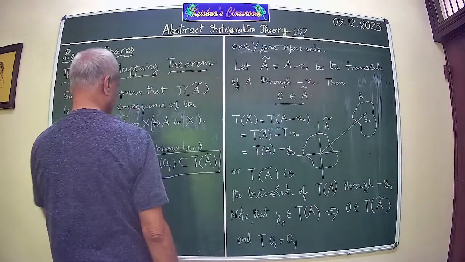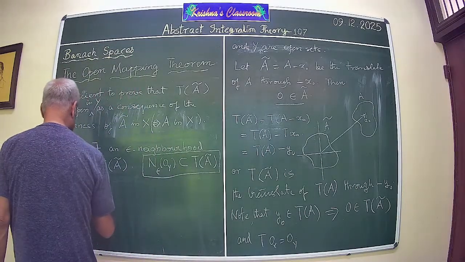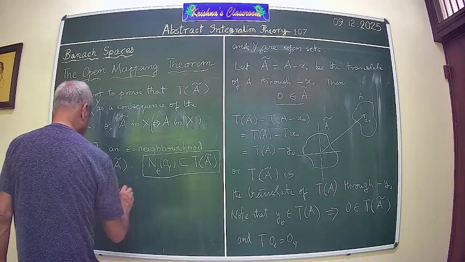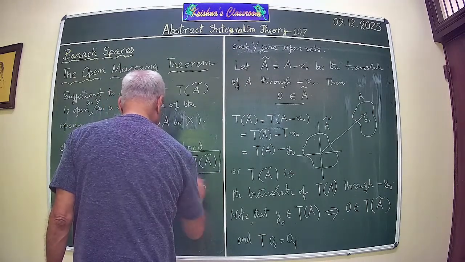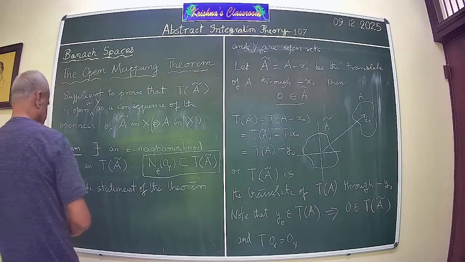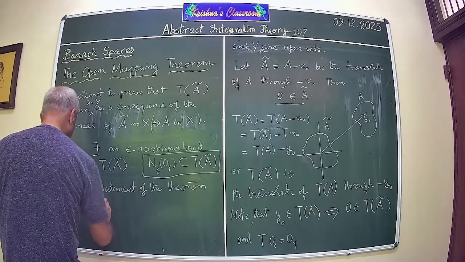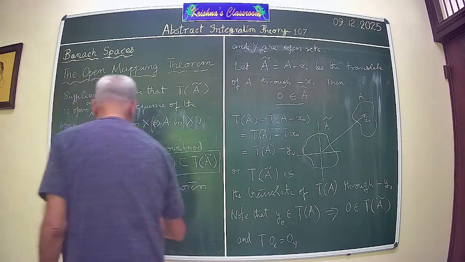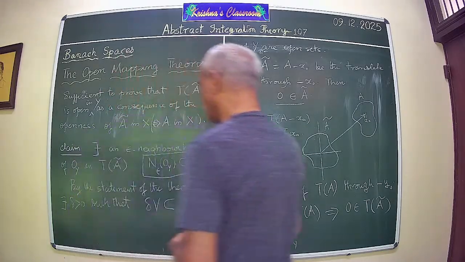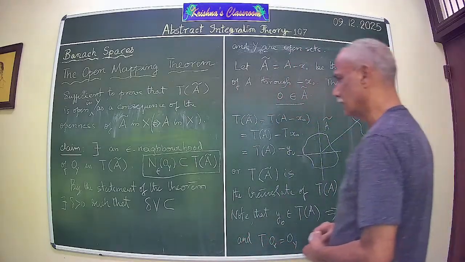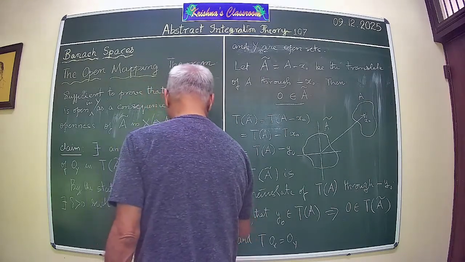So what you do is the following. Okay, by the theorem, delta V is contained in T of A tilde.